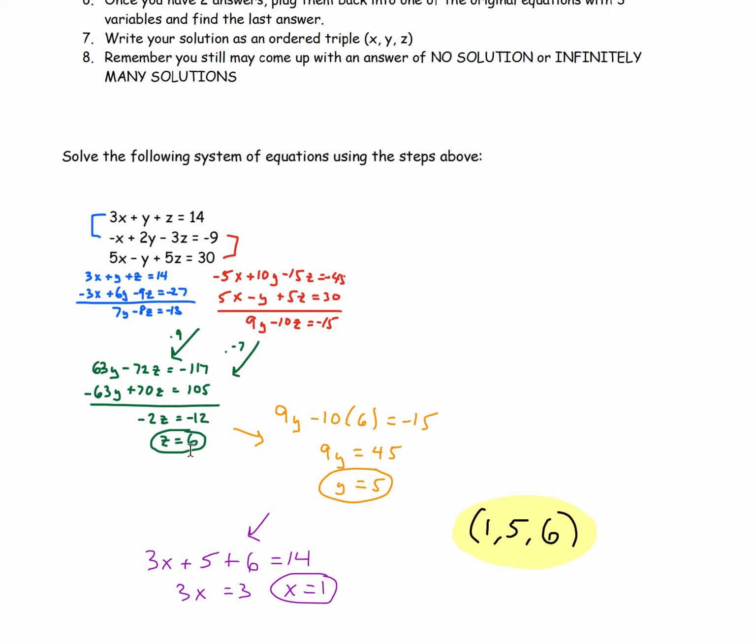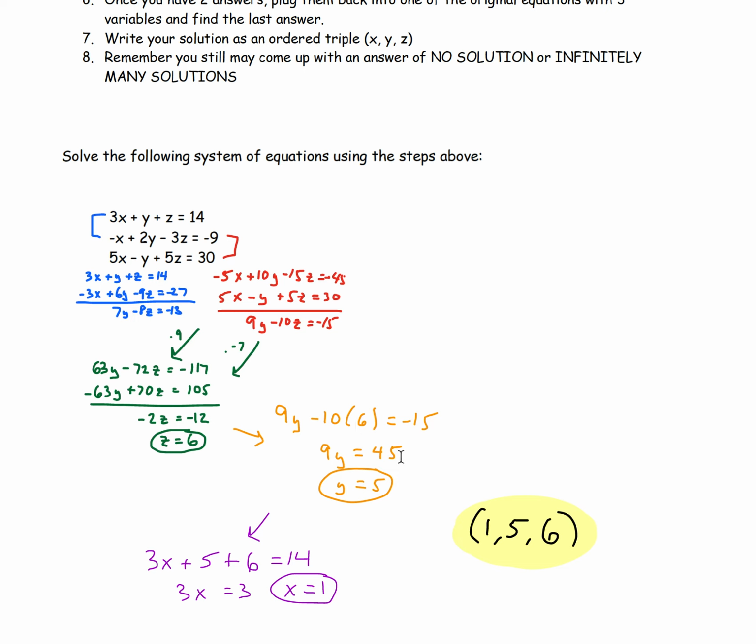Okay, so now I have one of the variables. Then I took this 6 and I could have plugged it in here, or here, or here, or here. Any of those would have worked. It looks like I went up to this one here and plugged in z equals 6. So this is 9y minus 10 times z, that's 60.